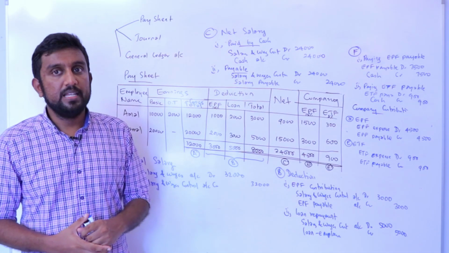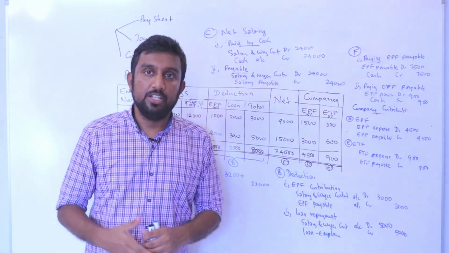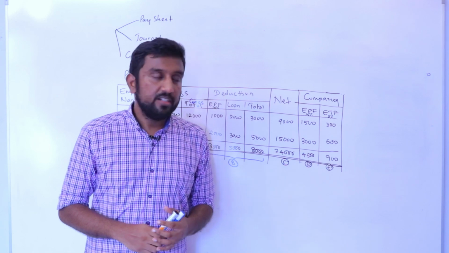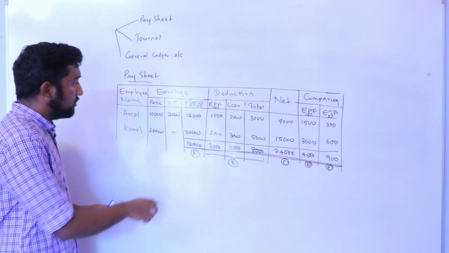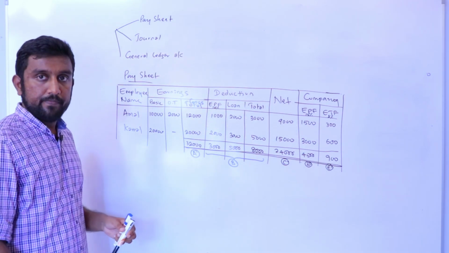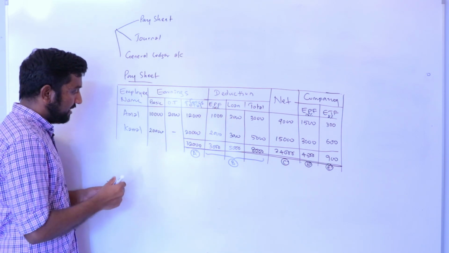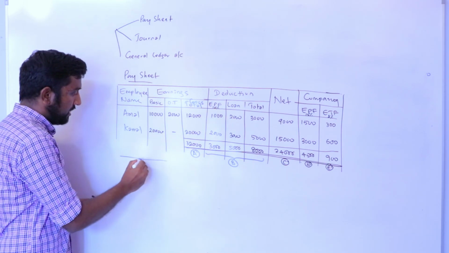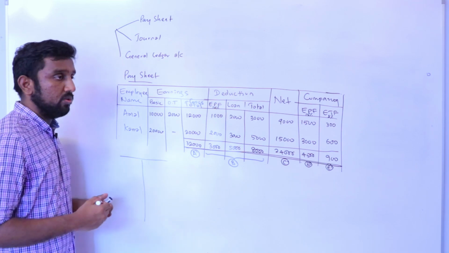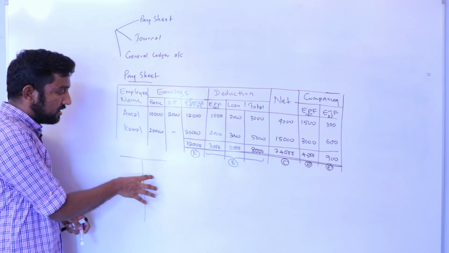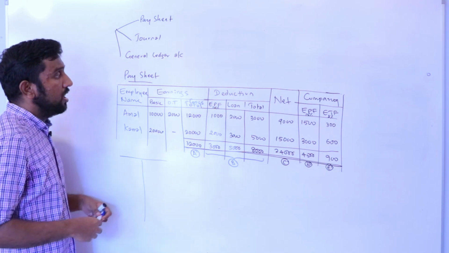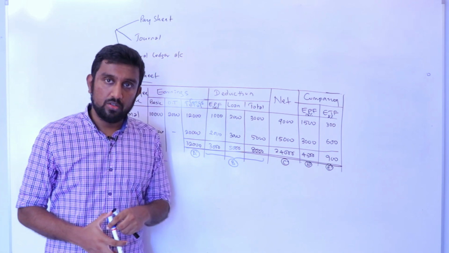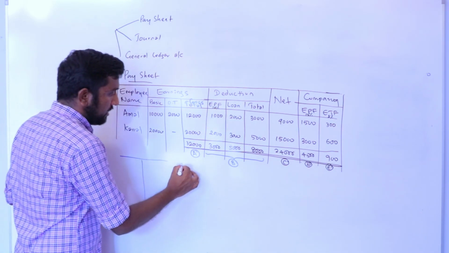And the third part is recording the transaction in the ledger account. So I'm going to record the transaction in the specific ledger account now. First one, 32,000. The double entry is salary and wages account debit, salary wages control account credit. So I'll prepare the salary wages control account like this. Why? Because we're going to have more transactions in the salary and wages control account.